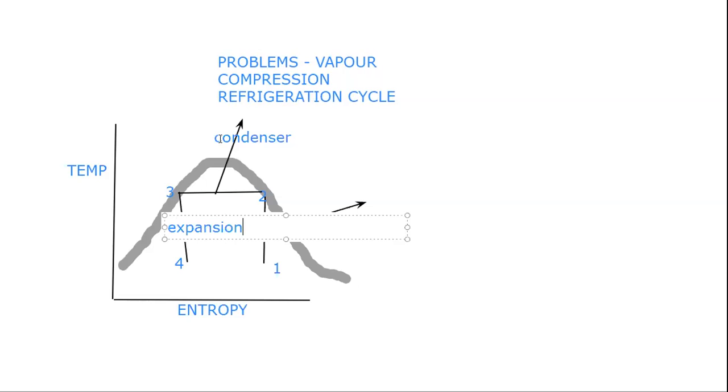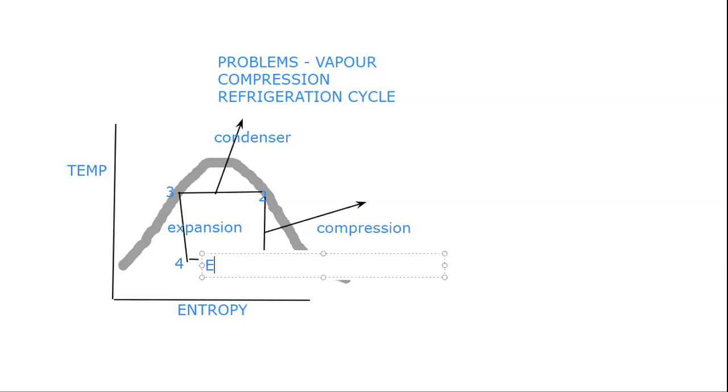Then the final process is evaporation. Evaporation means heat absorption. It will absorb heat from the constituents in the evaporator, so you can see this is the heat absorption.